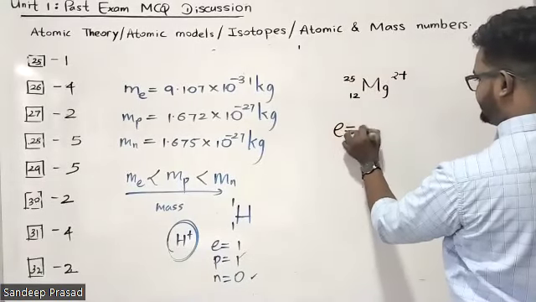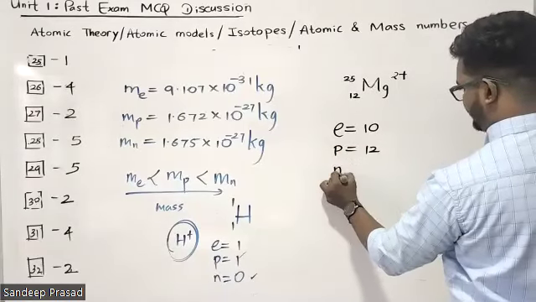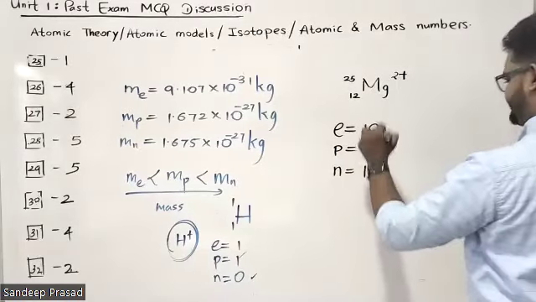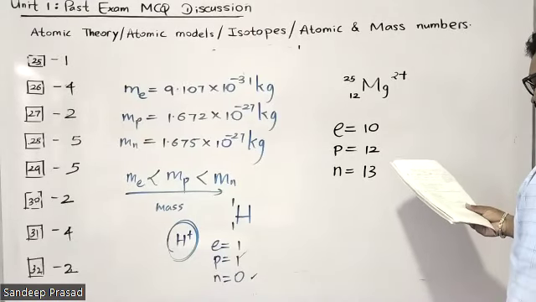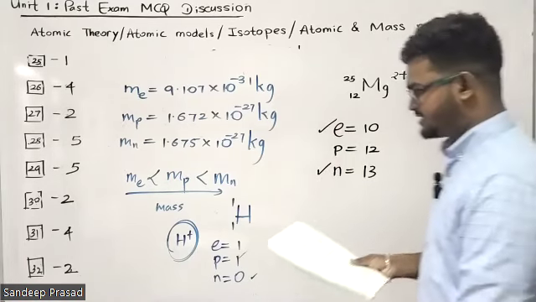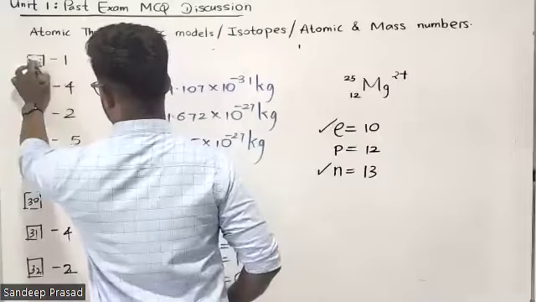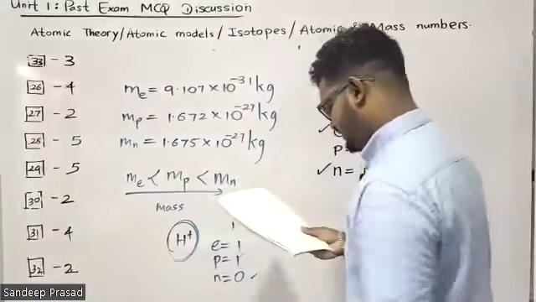How many electrons are there? 10. How many protons are there? 12. How many neutrons are there? 13. Okay, so they're asking the number of electrons and the number of neutrons. 10 and 13. Answer is the third one. Question number 33, answer is third option. Very easy, no?